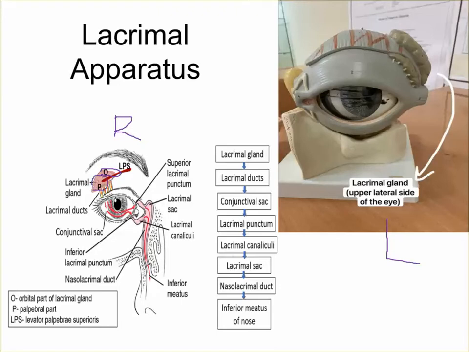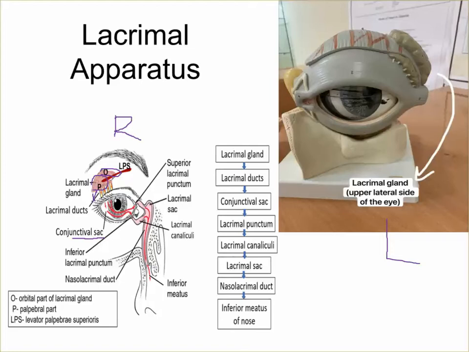From here the tears secreted by the lacrimal gland will flow into the lacrimal ducts, as you can see here. They flow down the lacrimal ducts and then enter the conjunctival sac.